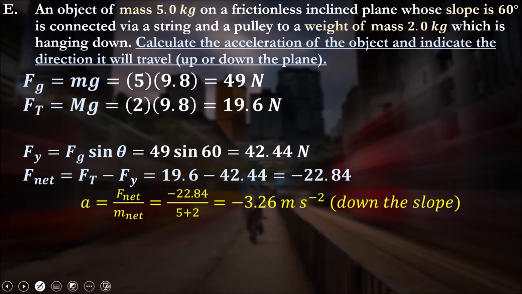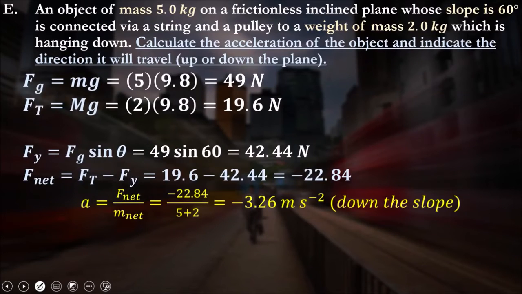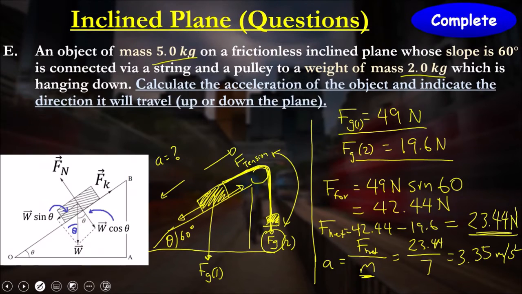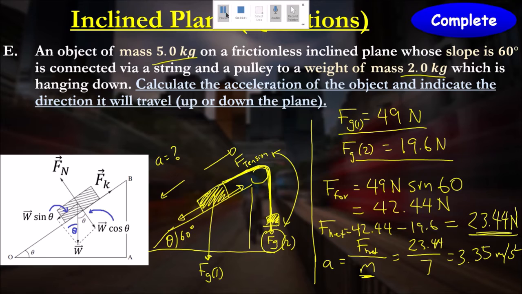All right, and pretty much the exact or similar numbers there. Okay, so there we have that. I do apologize, I did make a little error, so this shouldn't be 23 here.